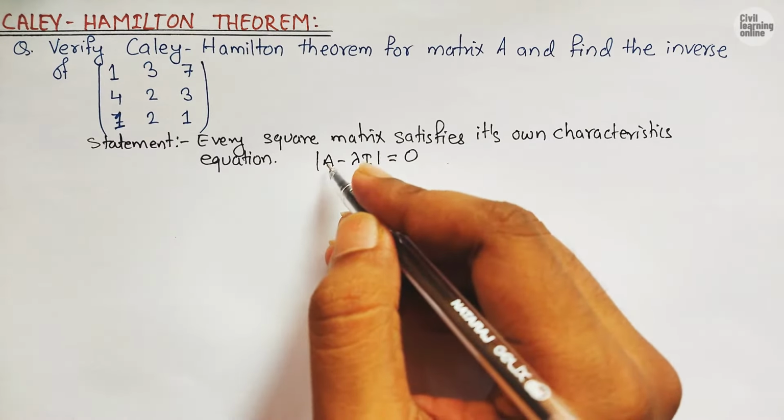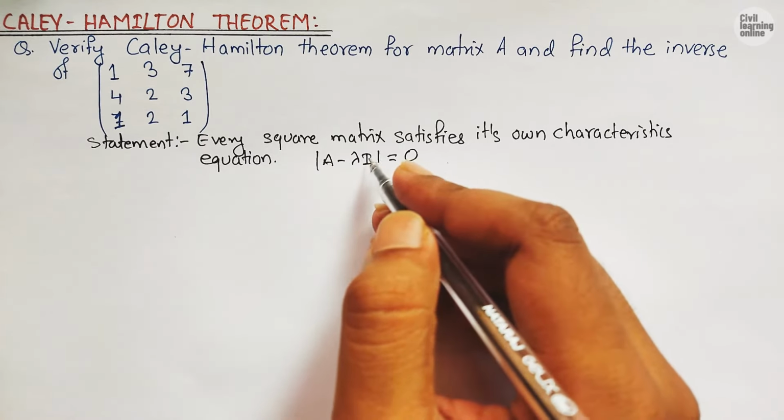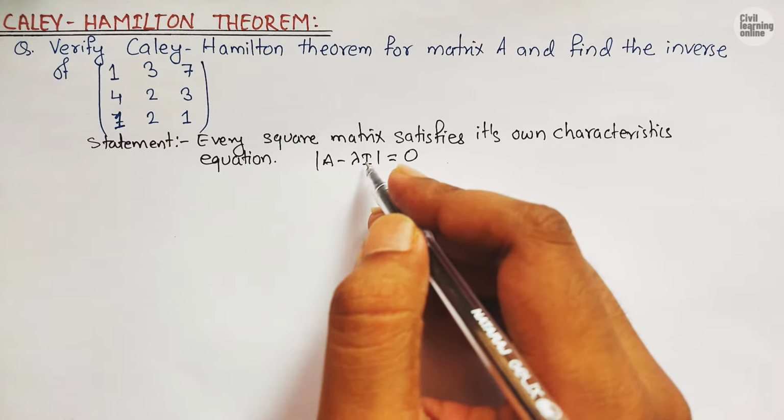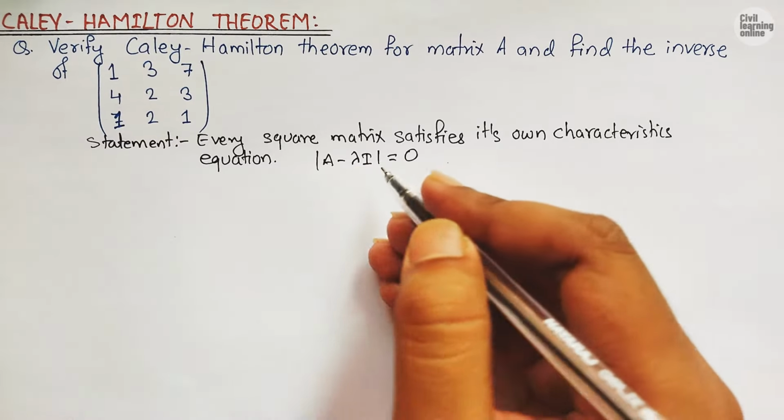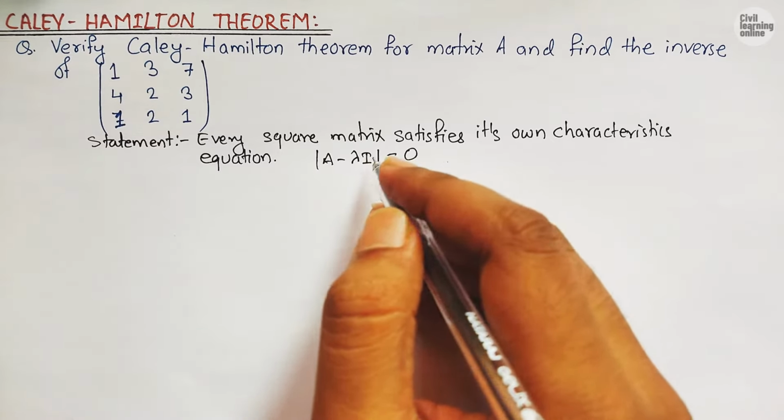If our matrix A is of 2 by 2 order, then I is also an identity matrix of 2 by 2 order. If it is of 3 by 3 order, then I is also an identity matrix of 3 by 3 order.